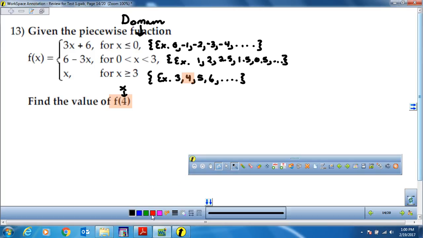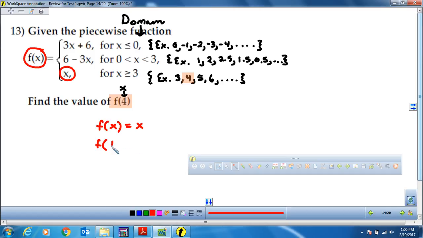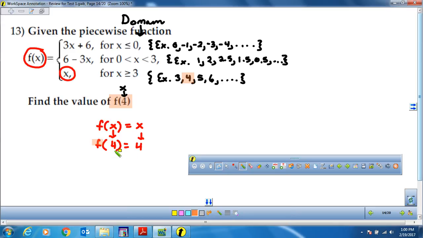So that means that if I want to find the value of f of 4, I need to use this piece of a function f of x equals to x, because 4 is on that equation. So we're going to use the function f of x equals to x, that piece of the function. And if I want to find the value when x is equal to 4, all I do is substitute the x with the 4 right here and right here. So f of 4 is going to be equal to 4. Which means that the value of y when x is 4 is going to be also 4.